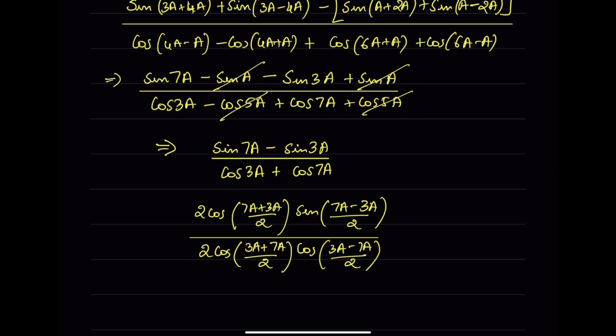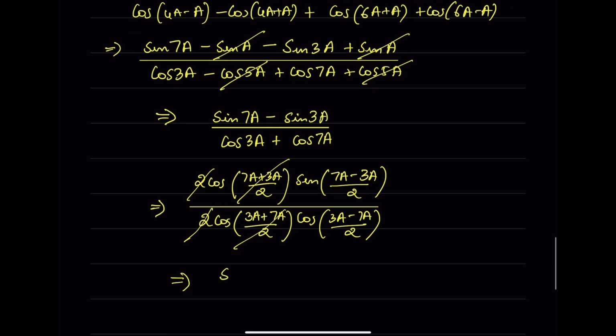So we can cancel out 2. Also we can cancel out cos of 7a plus 3a by 2. Now we would have sine of 7a minus 3a, 4a by 2, which is sine 2a, divided by cos of 3a minus 7a, which is minus 4a by 2. So cos of minus 2a is cos 2a, because cos of minus x is cos x. So this will be equal to tan 2a.